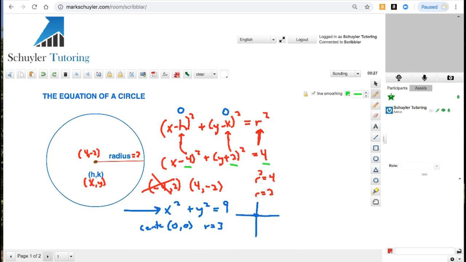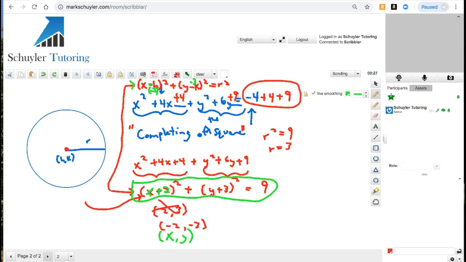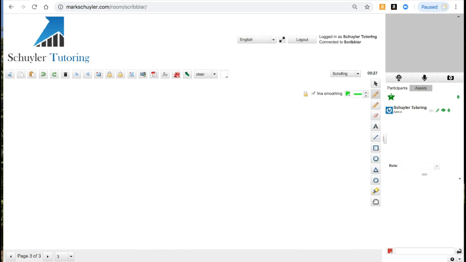But on a harder question, as in this one, you have to do some work via completing the square to put things into the equation of a circle form. So we're going to practice this one last time. I'm going to go to a new slide. I'm going to draw another quick circle here, and I'm going to give you its equation.